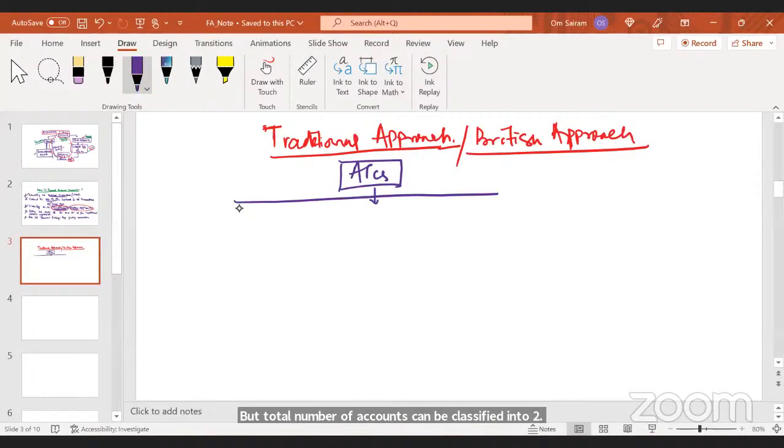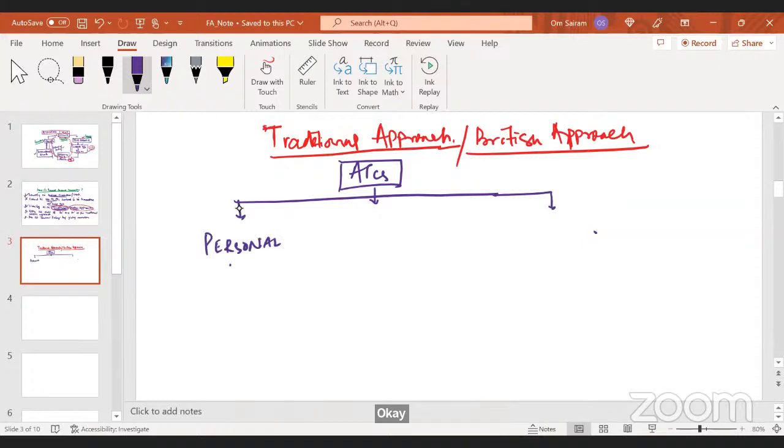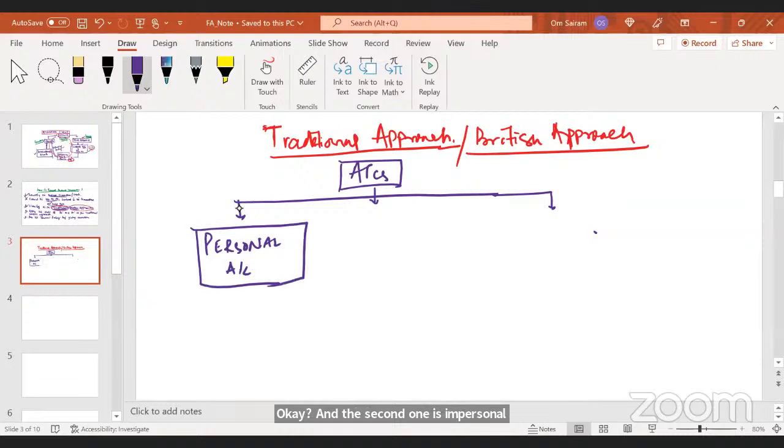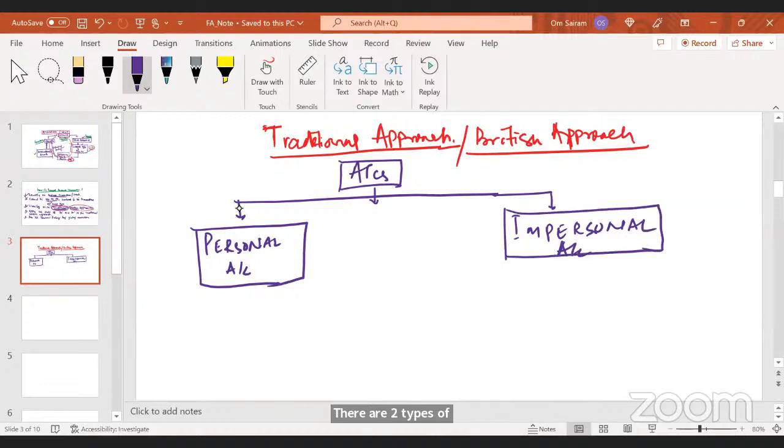The first one is personal account, and the second one is impersonal account. There are two types of accounts according to the traditional approach.